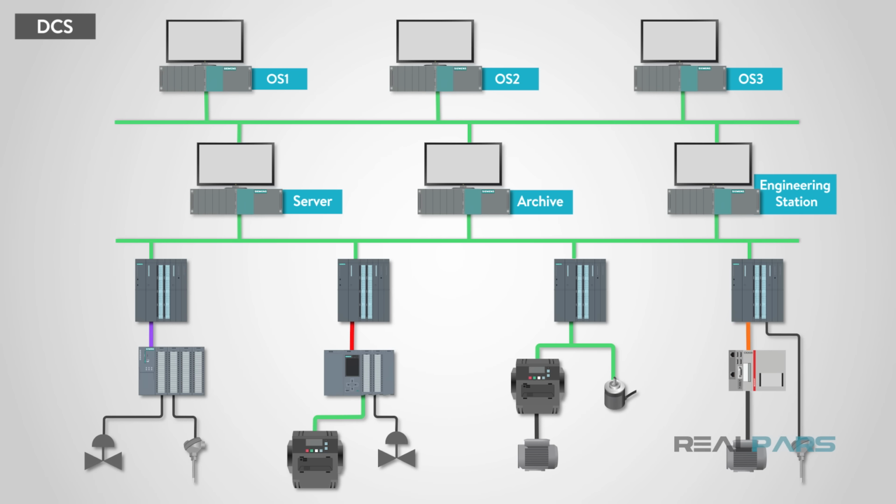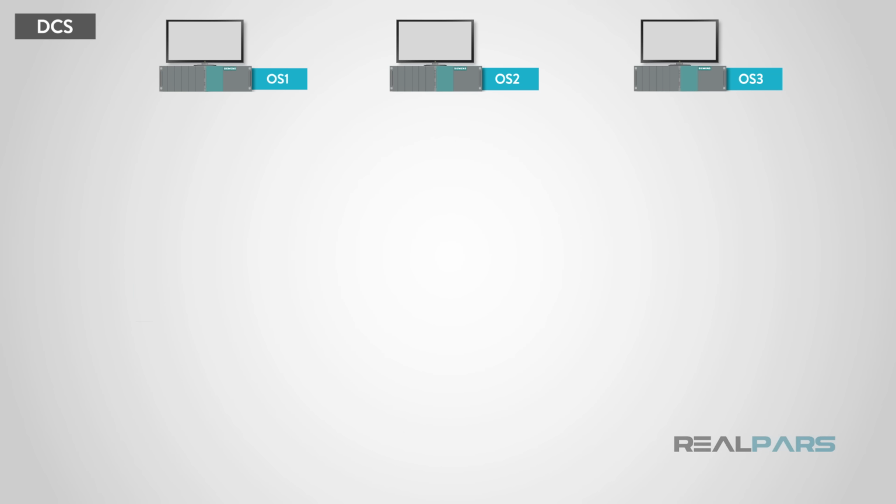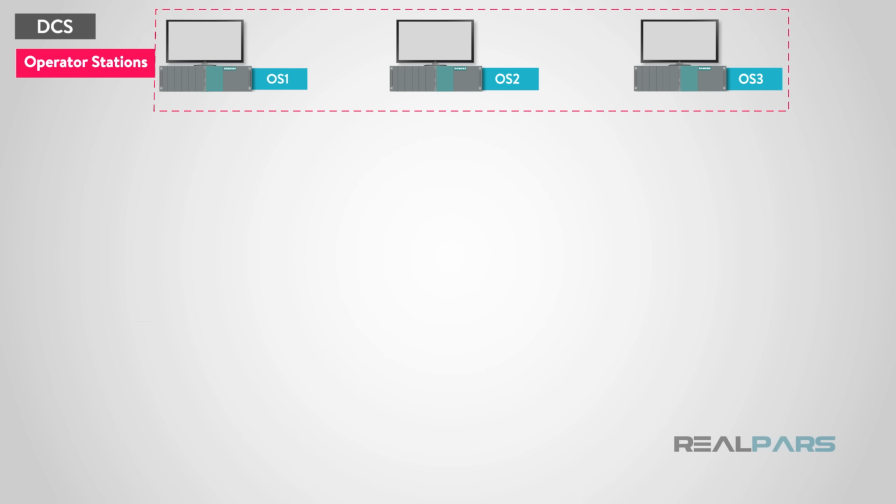Now that we've touched on some of the differences in the systems, let's focus on the DCS and some of its components. The DCS is a process-oriented system that uses closed-loop control. A typical plant starts with a centralized operator control center, typically called operator stations.